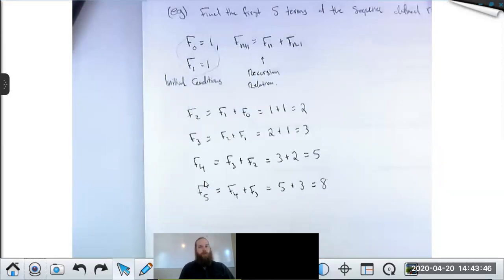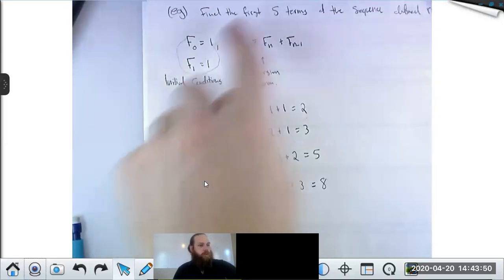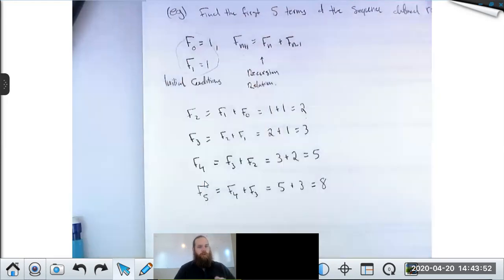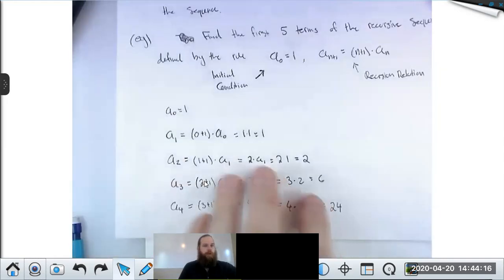One very natural question to ask about recursive sequences is, can you find a formula? Instead of working with the recursion relation, is it possible to find an explicit formula, just a straight algebra formula like 1 over n or 2n plus 1, that will give you the nth Fibonacci number? The answer to that question is sometimes. Sometimes it's very easy, sometimes it's very hard. In the case of the factorial sequence that we just played with, I can find an explicit formula.